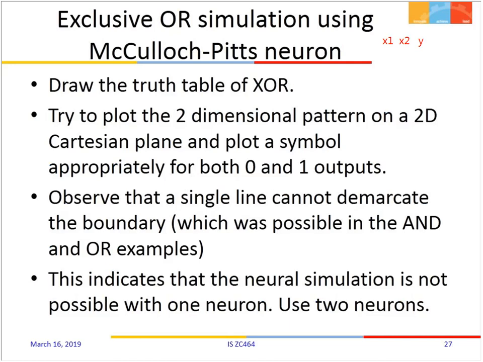Exclusive OR means you have an output of 1 only if any one of the inputs is 1, right? And if both the inputs are 1, we do not classify it as output 1, and we classify it as 0. Have you understood the exclusive OR data? Yeah.